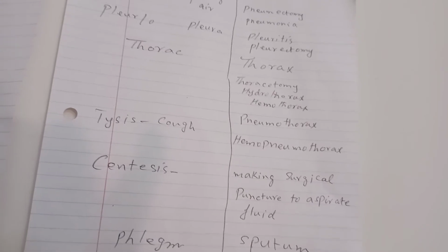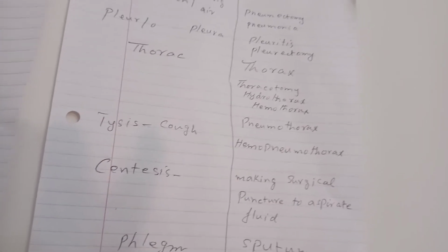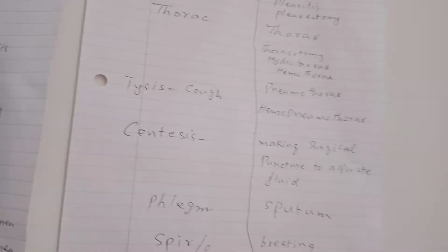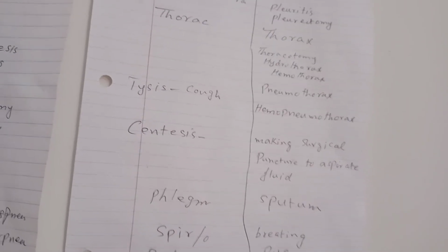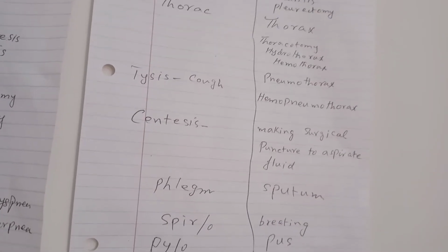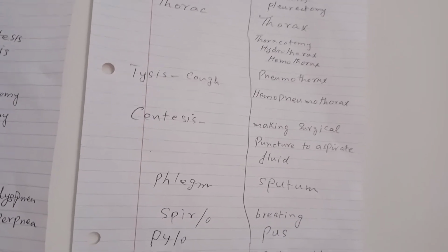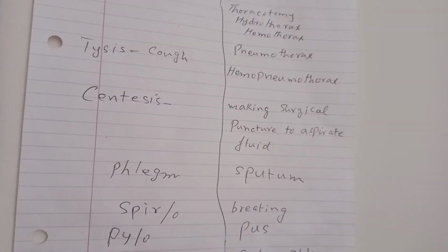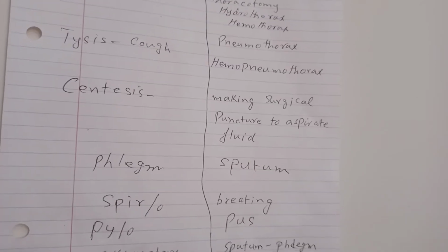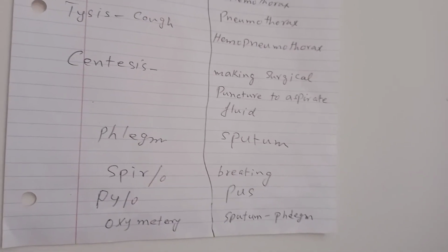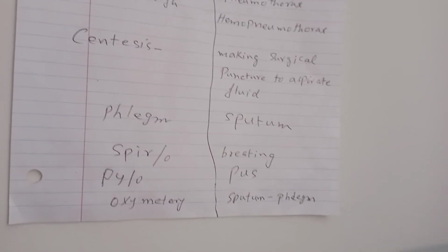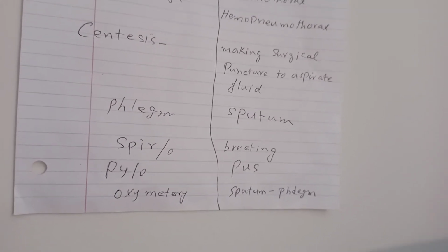And the next word is hemopneumothorax. So hemo means blood, pneum means air. Hemopneumothorax means blood and air both are present in the chest. Centesis. This word root centesis means making a surgical puncture to aspirate the fluid from cavities of the body.